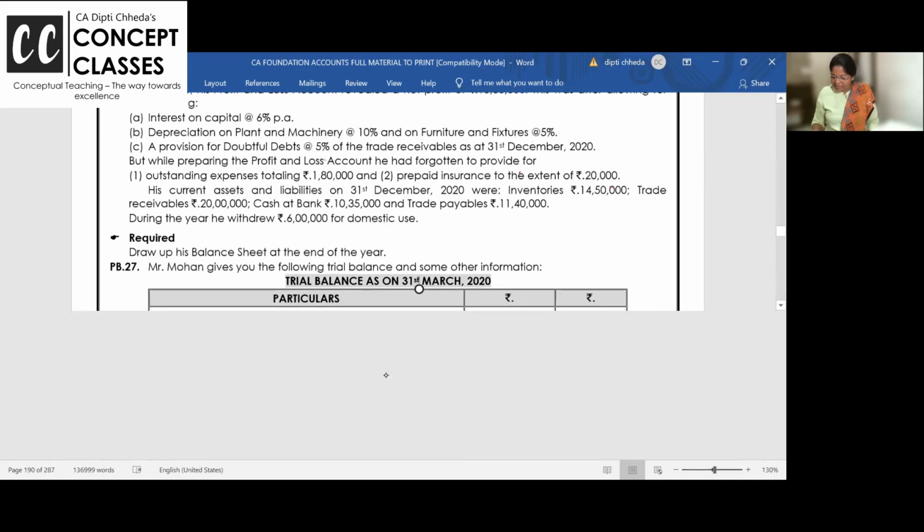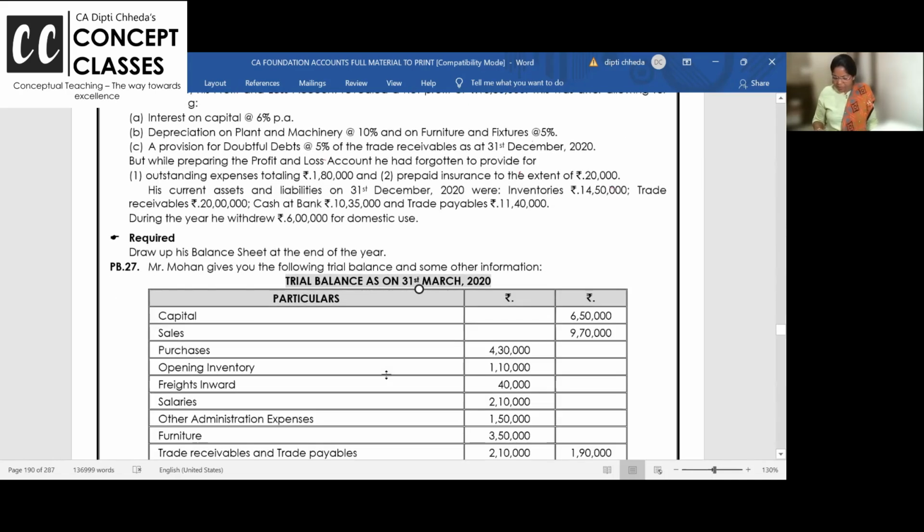Okay. Shall we begin with this 26th problem? You just have to prepare actually the P&L balance sheet. But why are you going to prepare the P&L account? Because outstanding prepaid double effect is left, no? So we will give them in the P&L account where they have already given you net profit also ready. ठीक है?